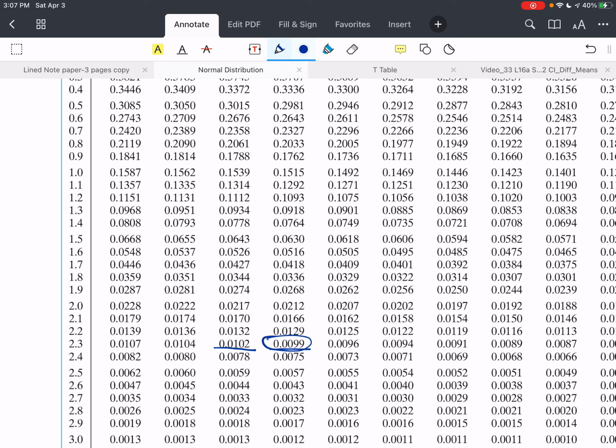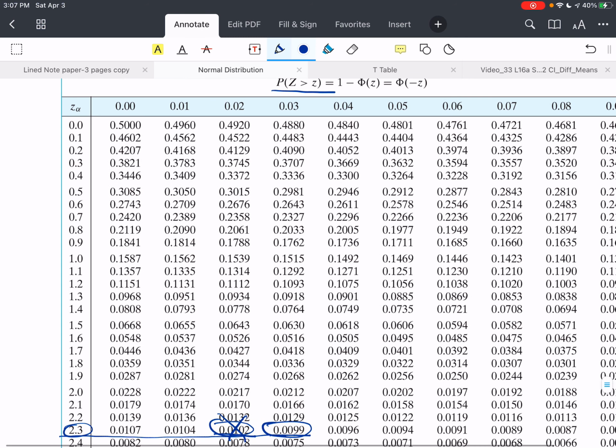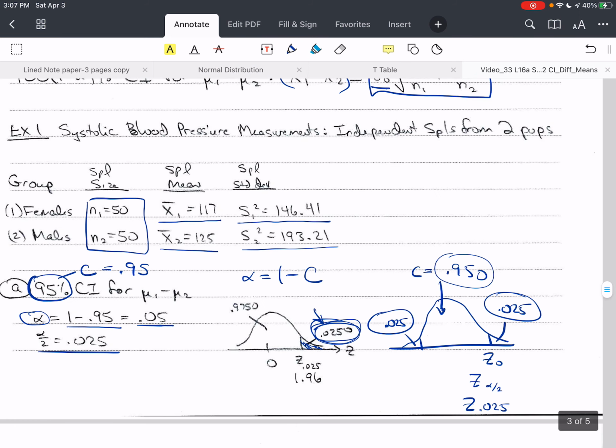This value is closer to 0.01 than this value. So we will use that. And we're looking for a z, so we have 2.3 here, and then the second decimal place is a 3. So z naught is equal to 2.33. So that's our critical value that we're going to plug into the equation.